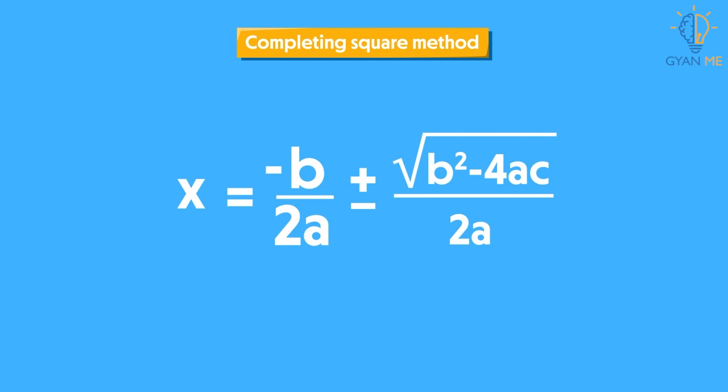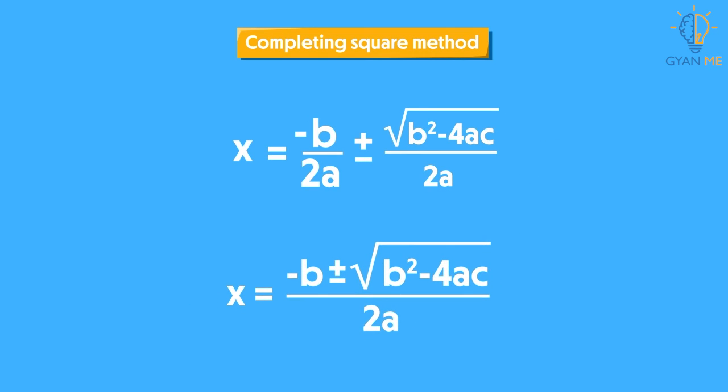Now observe here that denominator is same for both the terms. So we need not take LCM and it can be written as x equal to minus b plus or minus under root b square minus 4ac upon 2a.